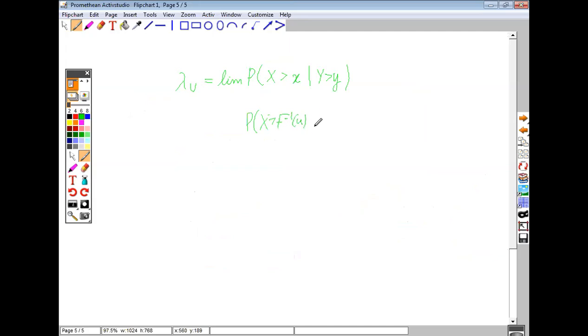This is just another way I can write my small x, because u is just the value that my F of x takes, and if I apply F inverse to it, I will get back my small x. So I can easily replace my small x with F_X inverse of u. Is this clear to everyone? Does it make sense if I rewrite the probability of X greater than x in such a manner?